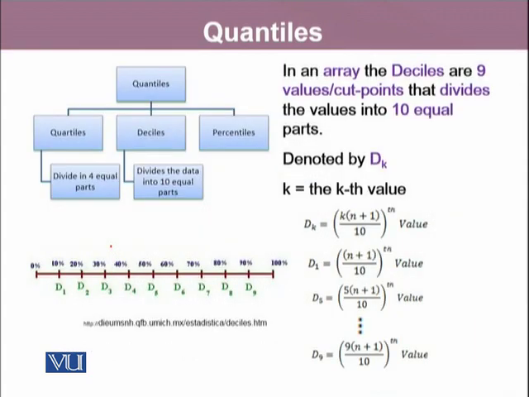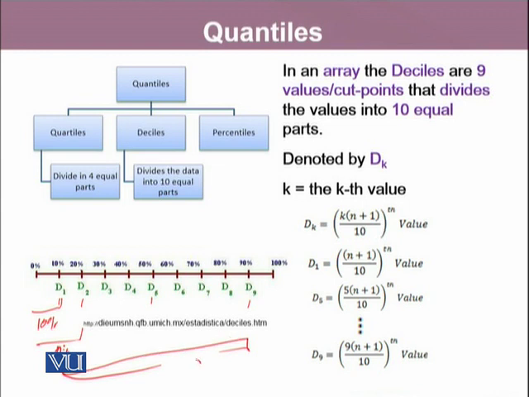Then if we divide our data into 10 equal parts, they are called deciles. On a number line, we can see D1 represents the first decile, D2 represents the second decile, D9 represents the ninth decile, and D5 is a value that has 50% of data below it. D1 has 10% below it, D2 has 20% below it, and so on.